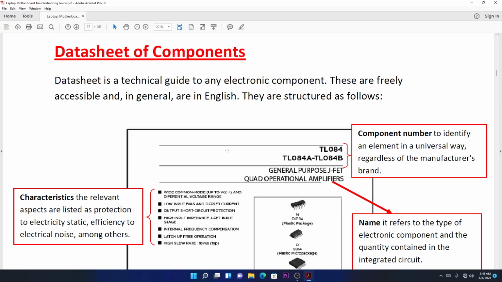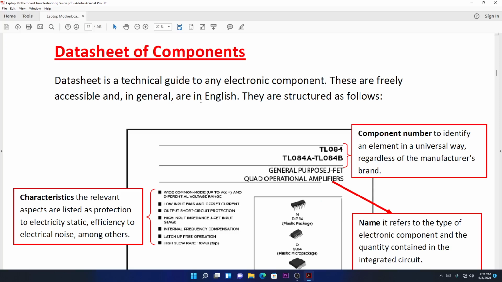Anyway, what's a data sheet? A data sheet is a technical guide to any electronic component. They give you information. These are freely accessible and generally are in English. When you have a chip that you want to replace, you read the information on top of the chip.